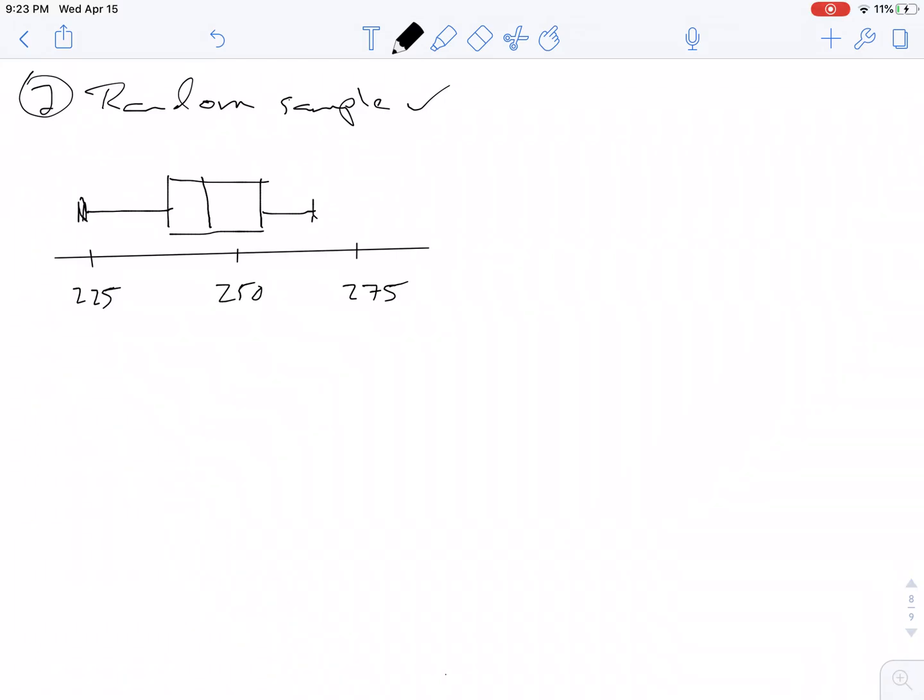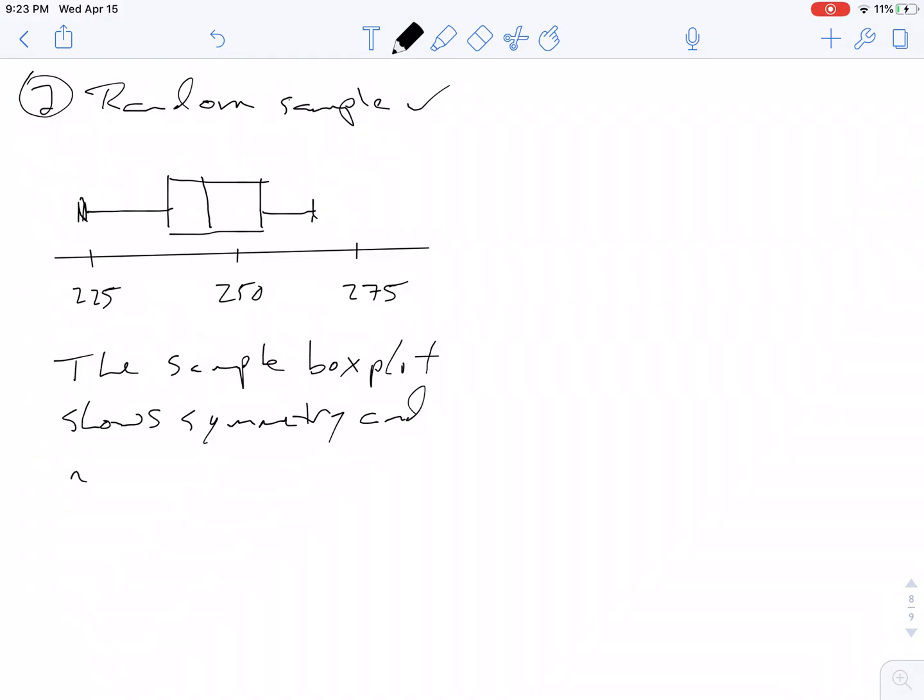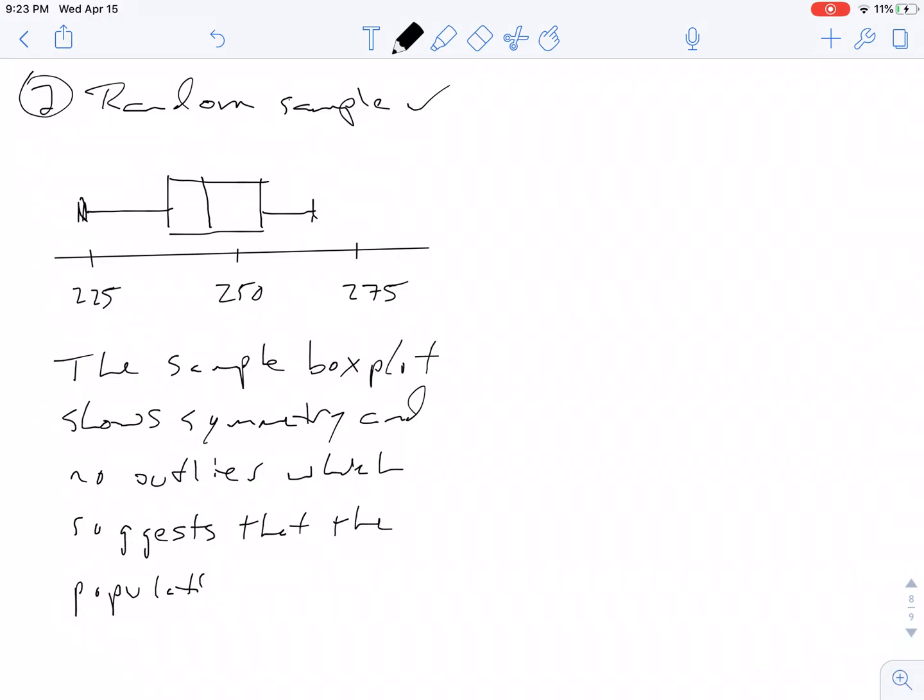So what I can say here is that the sample box plot shows symmetry and no outliers, which suggests that the population was likely normal.